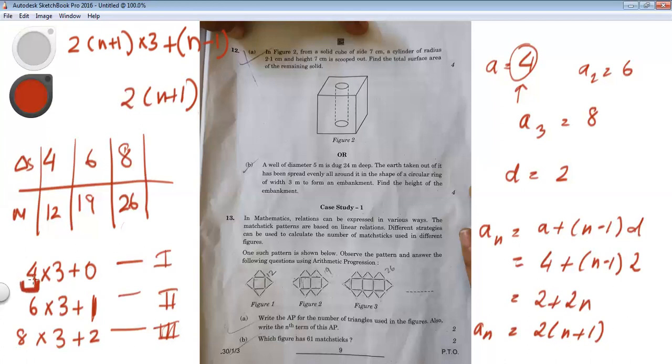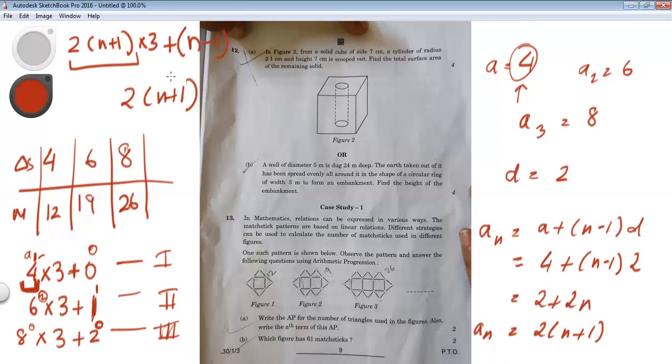With the first term, since it is A1, you are adding 0. This is the second term, you are adding 1. So for the nth term you will be adding n minus 1. So the nth term is actually 2n plus 1, right? 4 plus n minus 1 into 2 you had, so 2n minus 2 plus 4, so 2 plus 2n. So 2 into n plus 1.